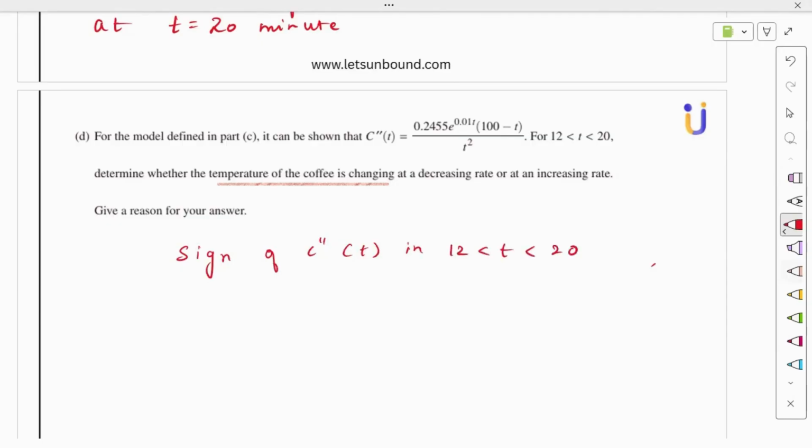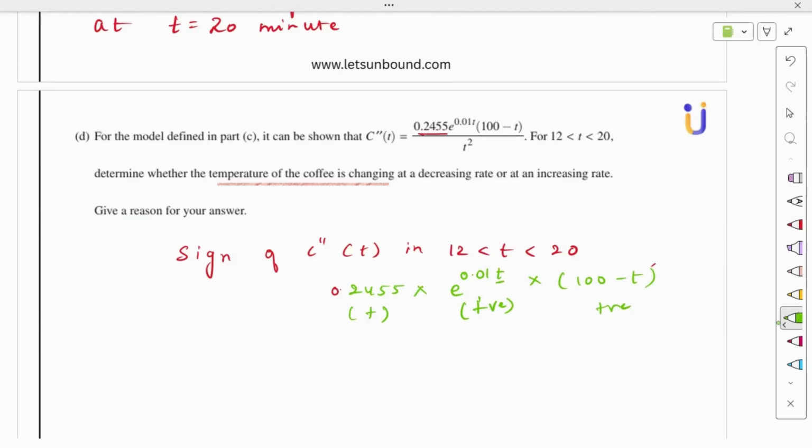The 0.2455 is positive. Positive times e to the power 0.01 t, for t from 12 to 20, is always positive. Then 100 minus t is also always positive because 12 is less than 100.